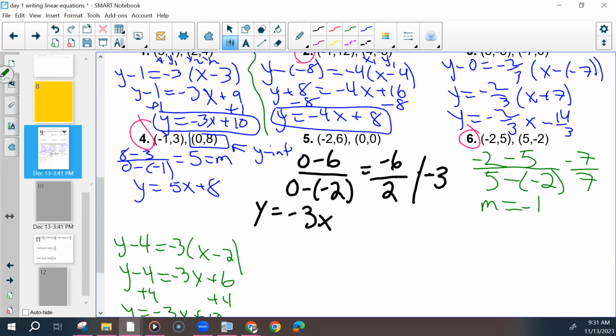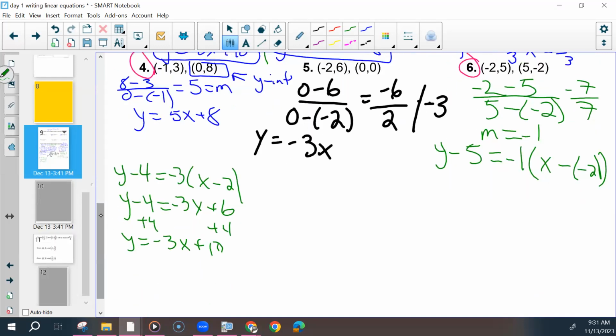Then it did not matter which point you chose. Let's say I'm doing the first one: y minus 5 equals -1 times x minus a negative. Once you get to this, if you want to change that to a plus automatically, that's fine.